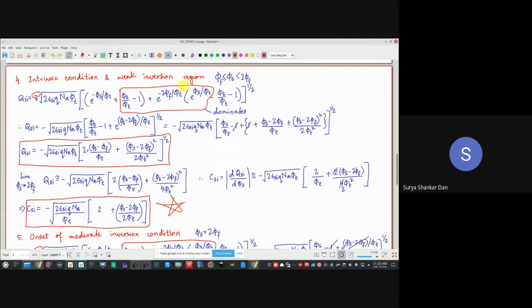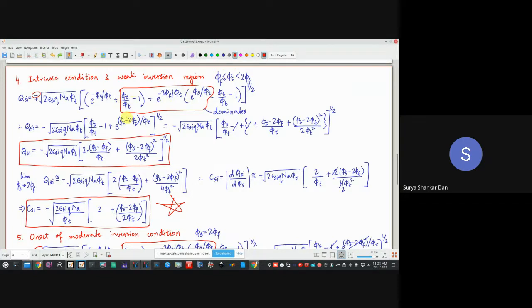And if you notice the other terms, phi s by phi t minus 1, this term is simply multiplied with e to the power of minus 2 phi f by phi t. So that means this will also be very small. Whereas this phi s minus 2 phi f, the first product, e to the power of phi s minus 2 phi f by phi t, this term is going to be a very small value, but still, and phi s is again greater than phi f.